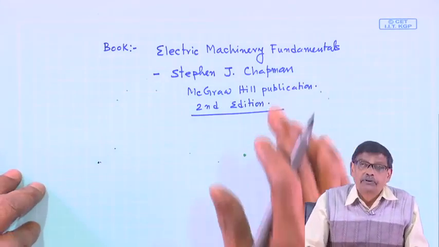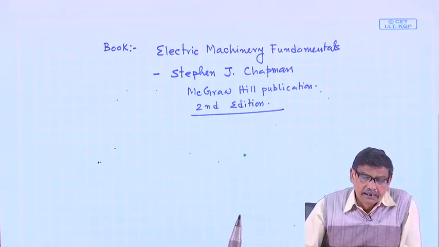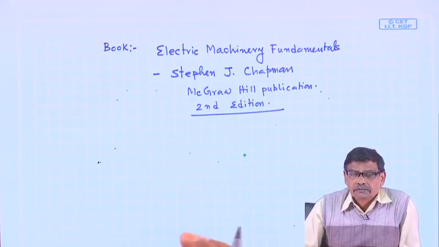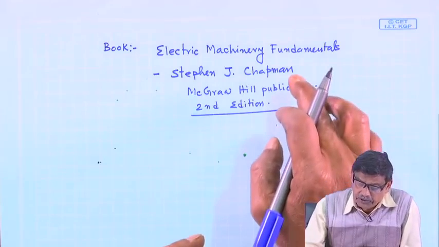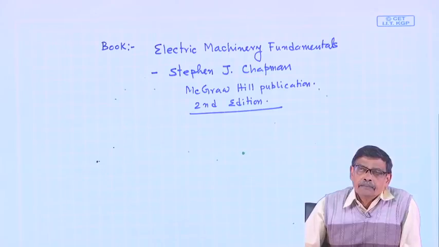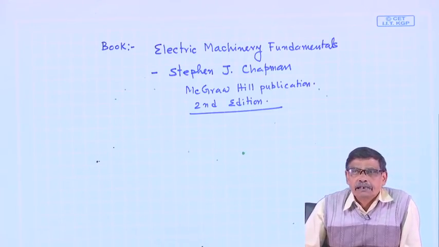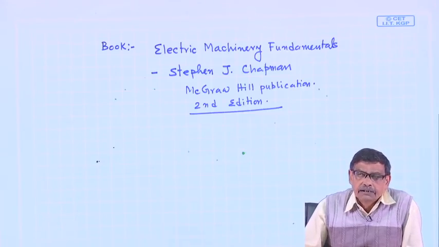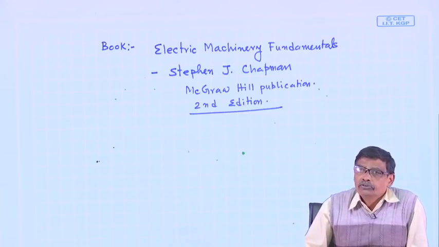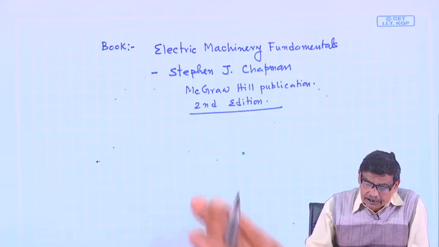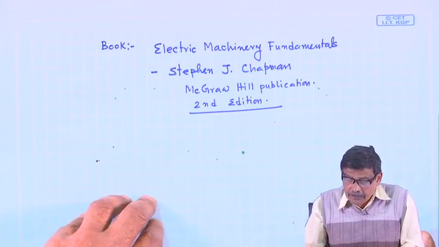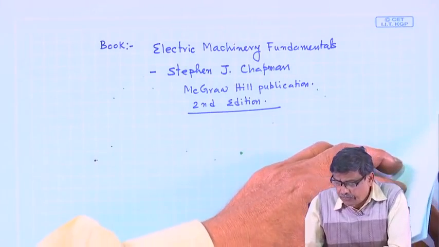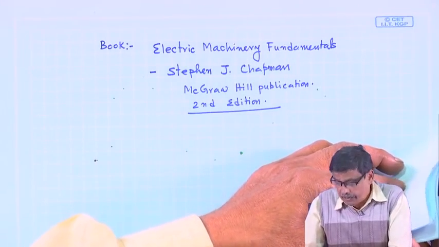In my last 4 or 5 lectures, I have referred to this particular book, for the expression of the torque, which is B cross B_s. Those things are very nicely dealt with in this book, and you may please go through it. Other books' names, as and when necessary, I will tell you.